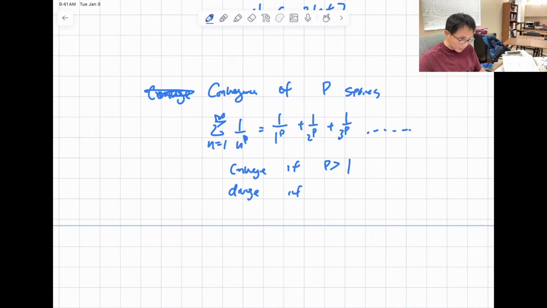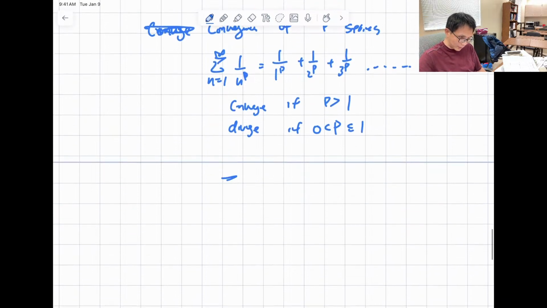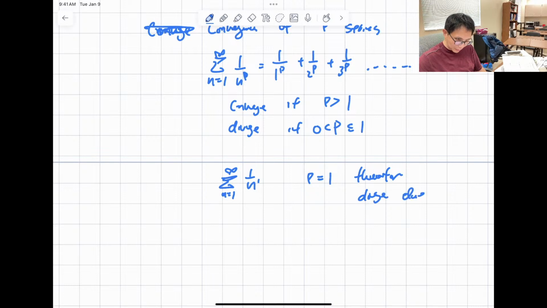It diverges if p is less than or equal to 1 and greater than 0. That's it. So you can use this to prove the harmonic series diverges. Why? Because for the sum of 1 over n, p is equal to 1. Therefore, it diverges due to the p-series. So the p-series test is very, very important.